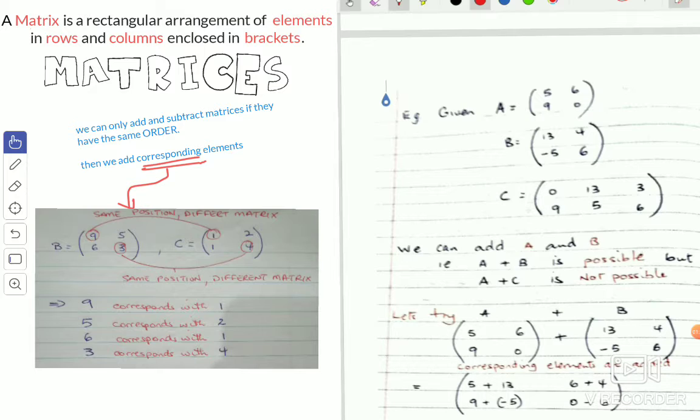We see that A has 2 rows and 2 columns, whereas B has 2 rows and 2 columns. So therefore the order of A and B are the same. Both A and B are 2 by 2 matrices.